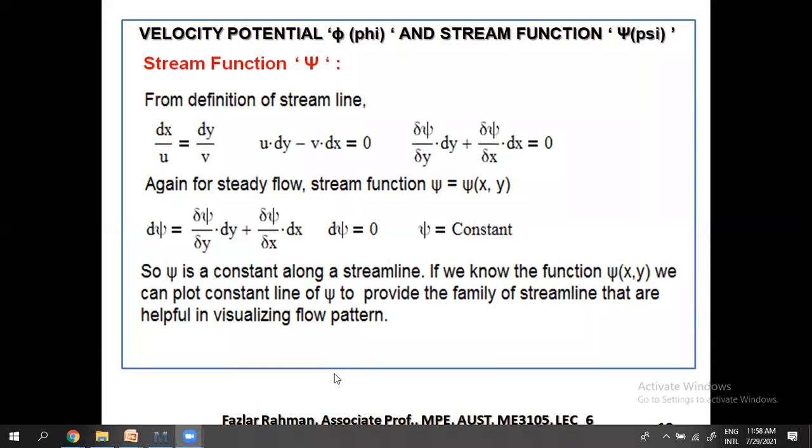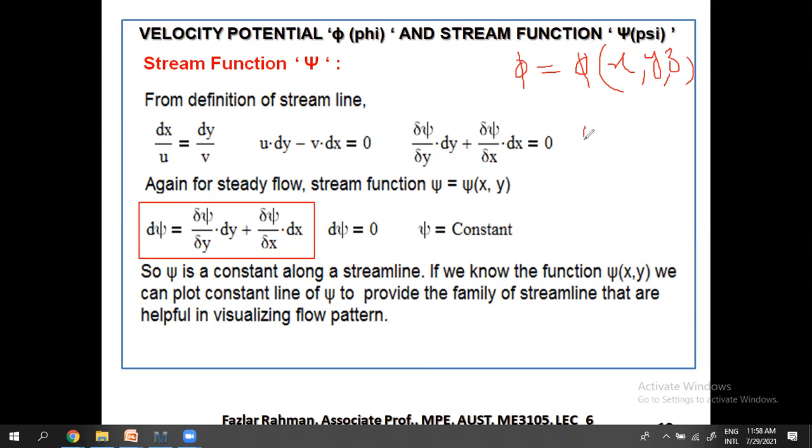Now this is our derivative. Similarly, we know that phi, the potential function, is a function of x, y, z, so we can figure out d phi by a similar formula.